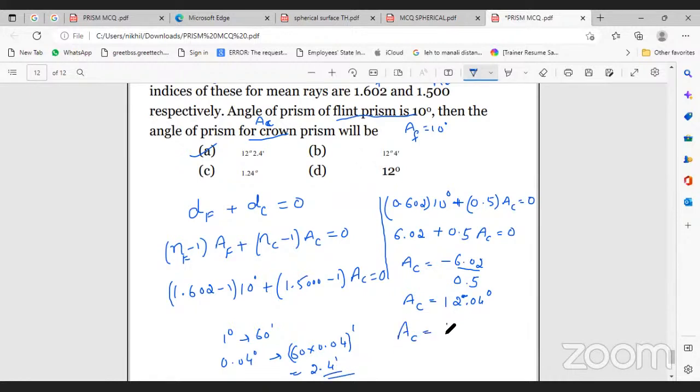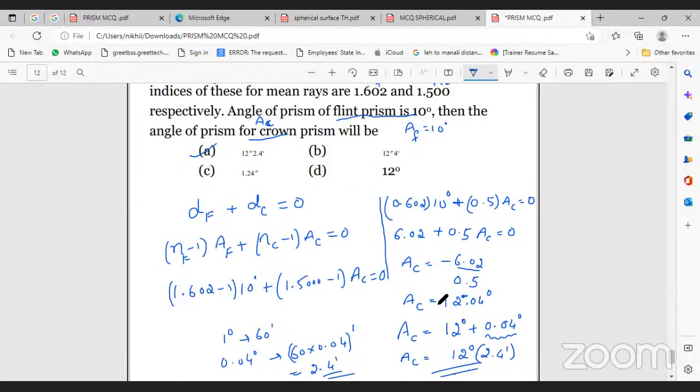So 12.04 degrees can be taken as 12 degrees plus 0.04 degrees. I will keep this 12 degrees as it is, and this 0.04 degree can be written as 2.4 minutes. So 12 degrees 2.4 minutes is the angle of the crown glass prism.